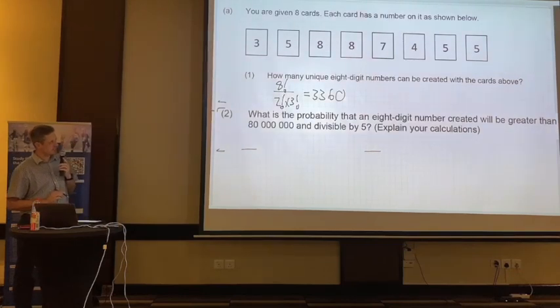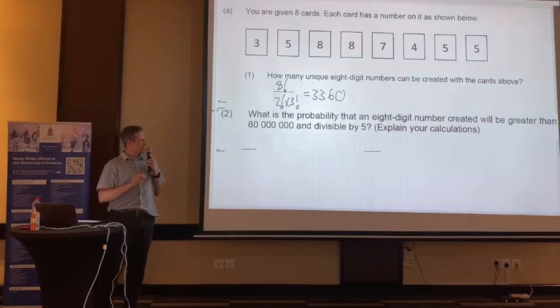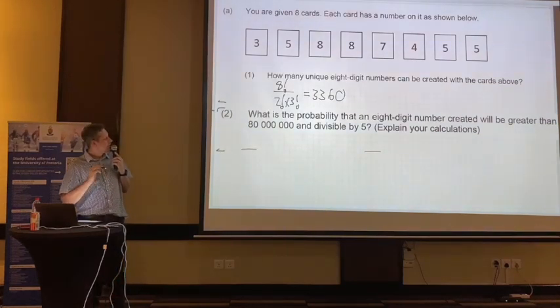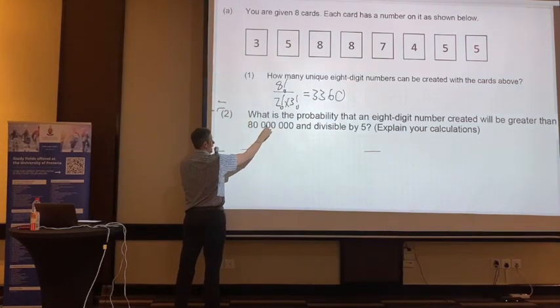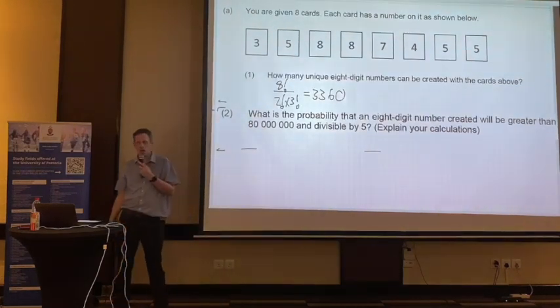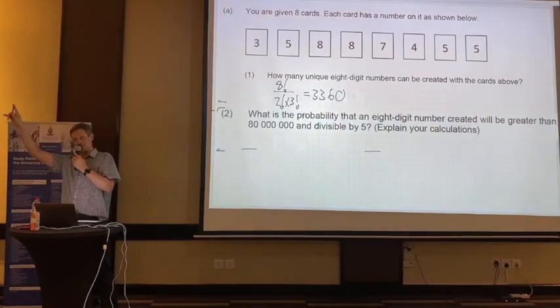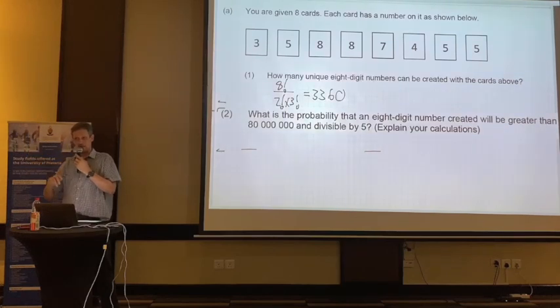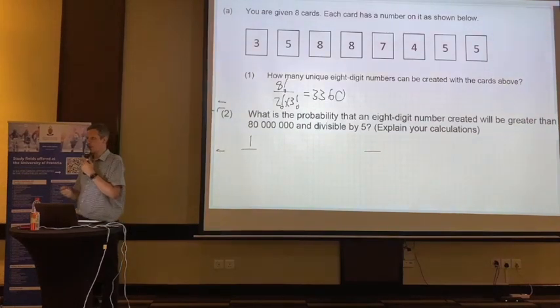What is the probability that an 8-digit number created will be greater than 80 million? I just want to make sure: 1, 2, 3, 4, 5, 6, 7, 8. Okay, so it's only the first number. How many different options do I have that I could place in the first one? Just one. I could place an 8 there.